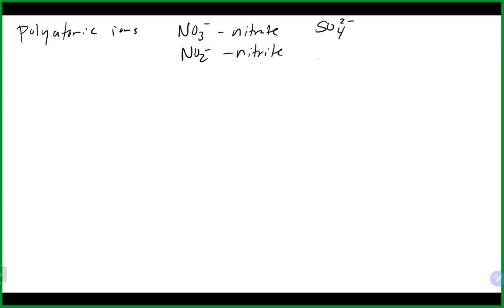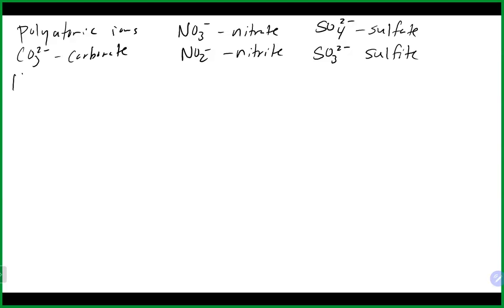SO4 2-, SO3 2-, that is sulfate and sulfite. Sometimes we may put CO3 2-, which is carbonate, and HCO3-, which is hydrogen carbonate, or bicarbonate as it is sometimes referred to.